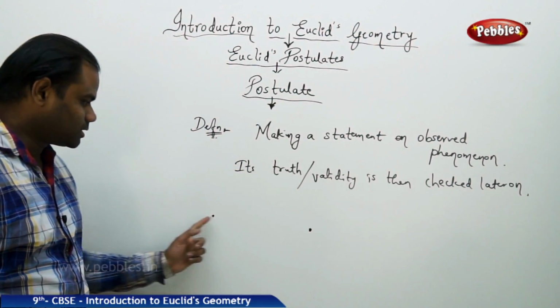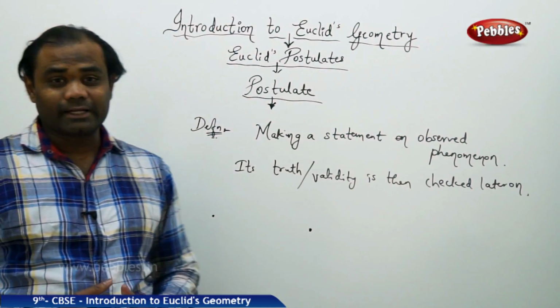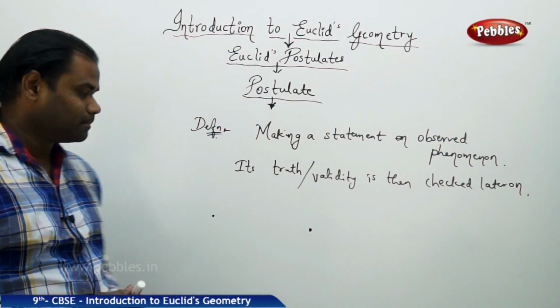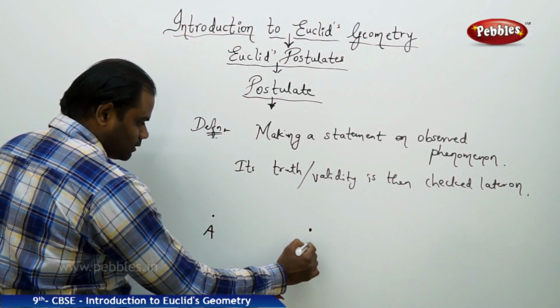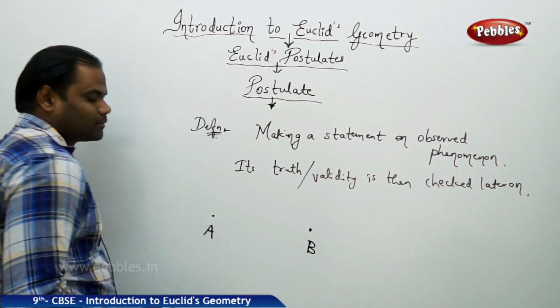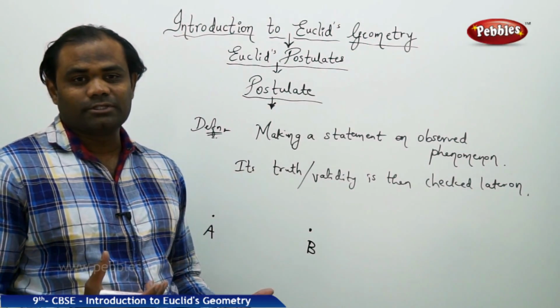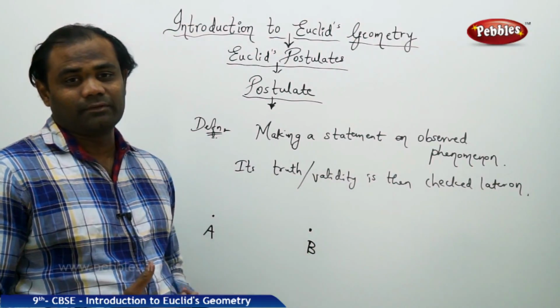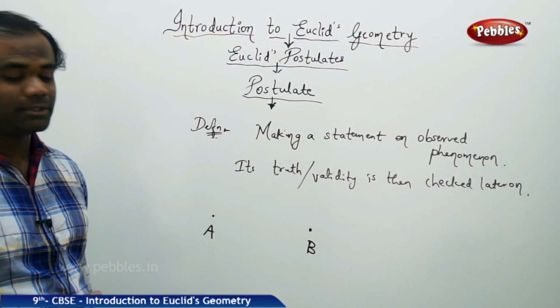So for these 2 distinct points on the plane, let's see how we can connect this with a postulate. Imagine the 2 distinct points A and B. Now let me investigate a property which can be derived from this investigation of 2 distinct points A and B.